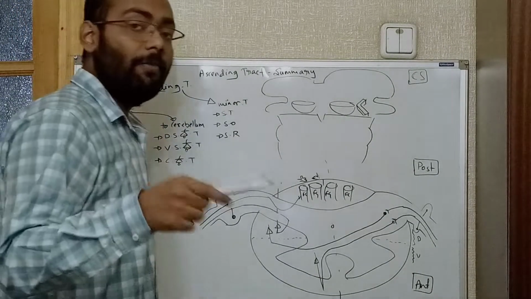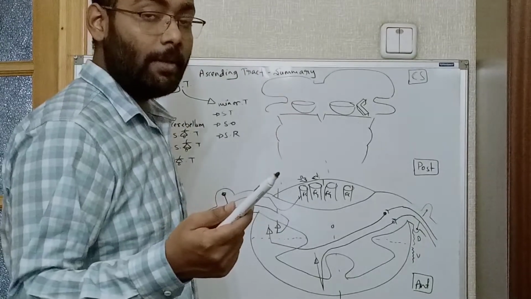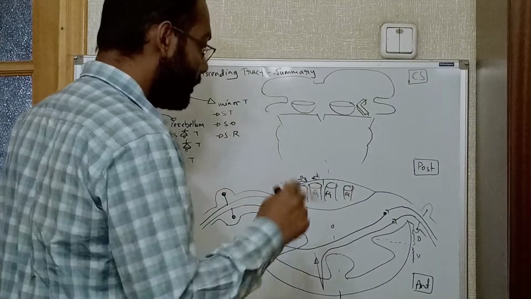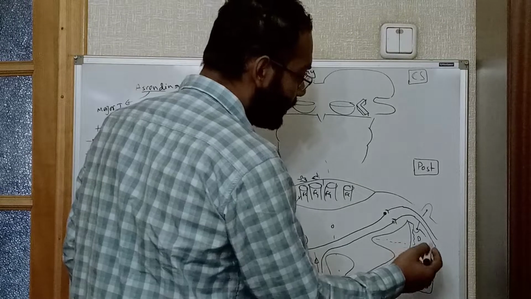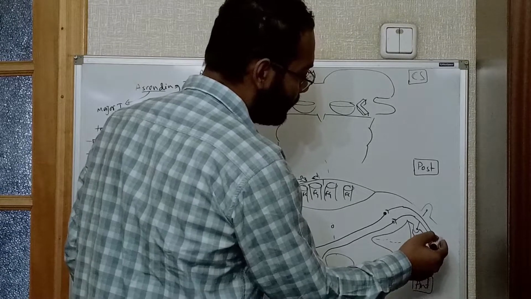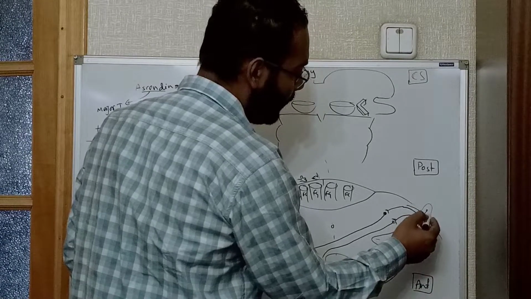Now say ventral spinocerebellar tract. This is one interesting fellow, because, for instance, let's say this is another fiber coming like this.